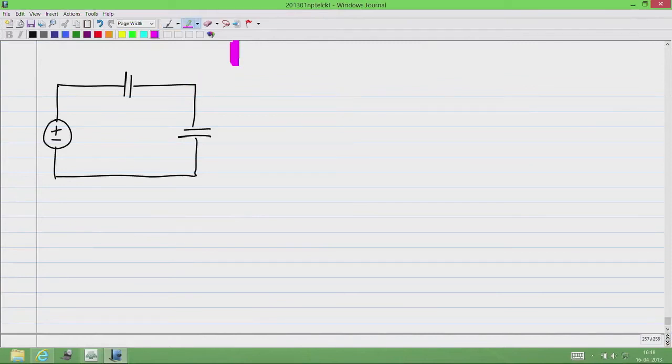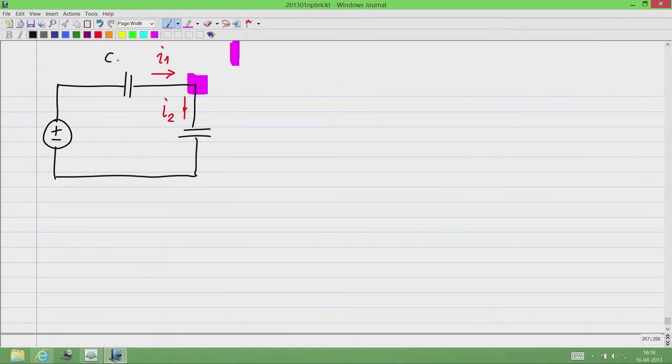So, now if you consider this as a node, what KCL says is this current I1 has to be equal to this current I2. Now, of course, when capacitor voltages change abruptly, these currents will both be infinite and we will not be able to do useful calculations with that.